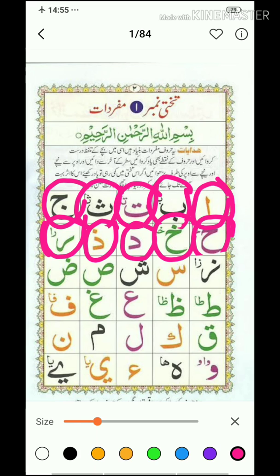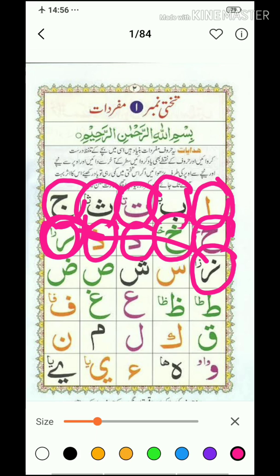Okay, moving to the next letter. This letter is also similar to this one, which is Ra. The difference between Ra and this letter is again the difference of dot. Wherever you see this shape without any dot, as I have already mentioned in my previous lecture, you pronounce it Ra.